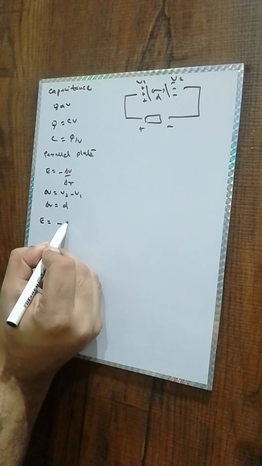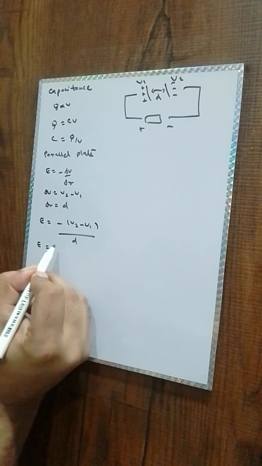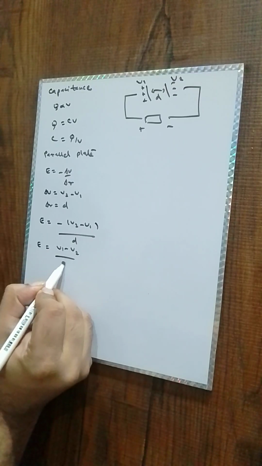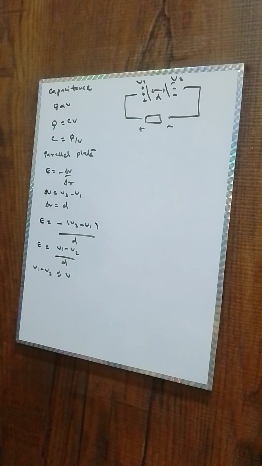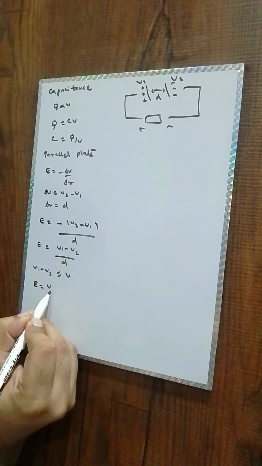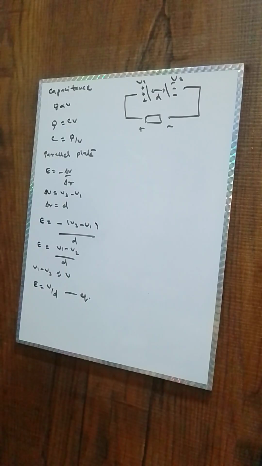So E becomes minus (V2 minus V1) by D, and E is basically (V1 minus V2) by D, and V1 minus V2 can be approximated to V. The difference in the voltages of point 1 and 2 is roughly equal to V for simple notation. So this electric field is equal to V by D. So this is an equation, the voltage by distance, because we have one battery, so basically one source of potential difference, so we can use the sign V here.